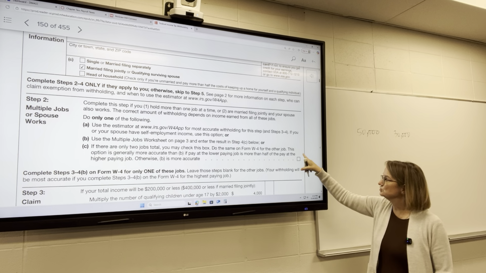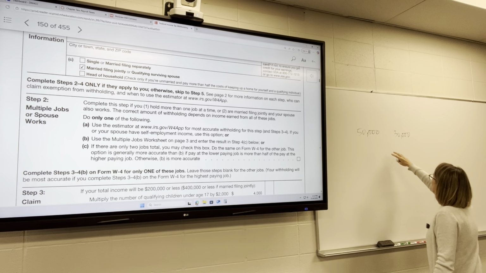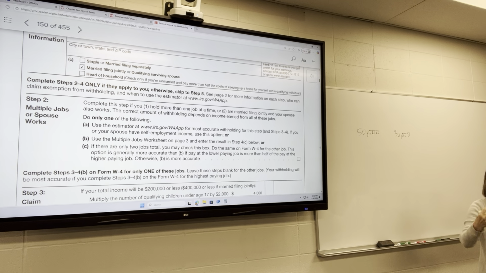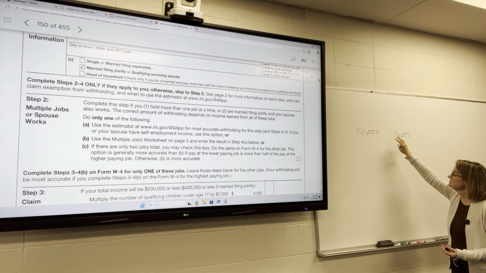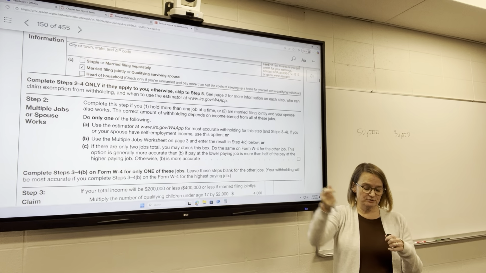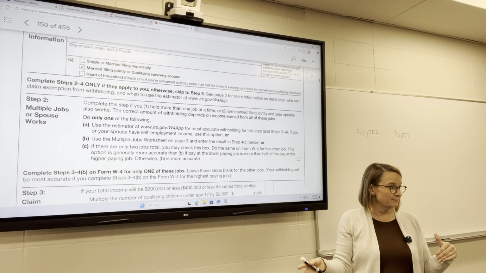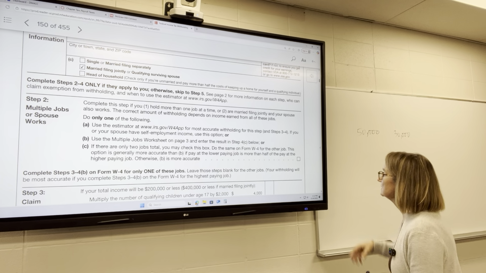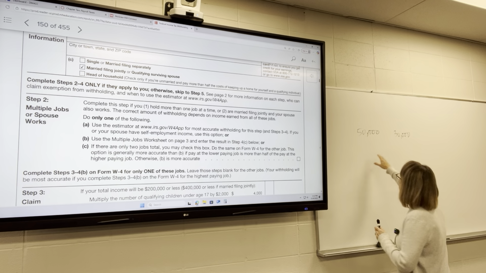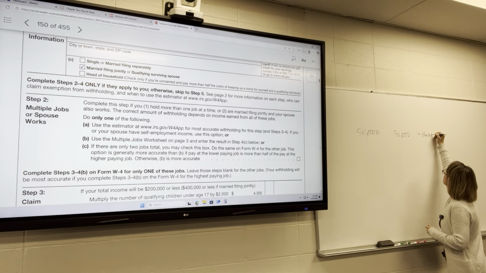Therefore, we can just check this box and be done with it. So in order to be the most accurate, you would want to use those parameters. In reality, a lot of people will just either check the box or not check the box. But in this case, here you would check the box.